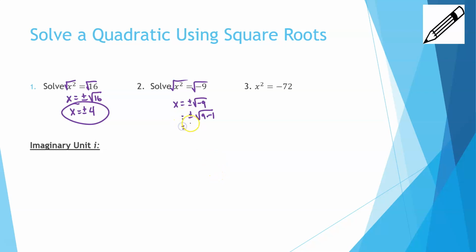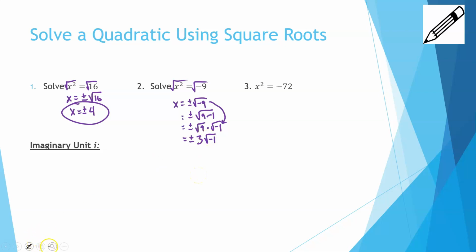Which means that I could rewrite it as the square root of 9 times the square root of -1. Now this is making sure you have an understanding of how radicals work, which is kind of a lesson in and of itself, but it is a skill you should have seen in your previous years. Having said that, if I choose to go through this process and break it apart like that, I am left with plus or minus the square root of 9 is 3 times this weird square root of -1.